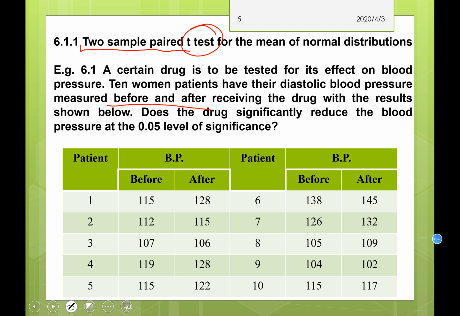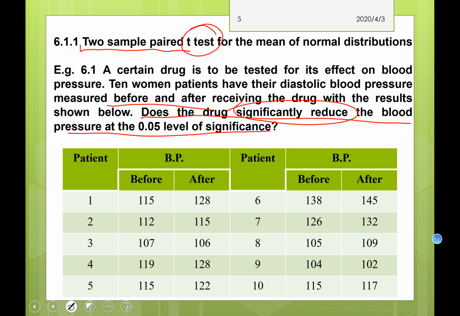So we can find that here there are no keywords of difference, right? But we notice that it mentioned significantly reduce. So reduce or not? How can we know if that is reduced? We need to compare, right? Compare before and after. If the numbers of after are lower than before, that means reduce.